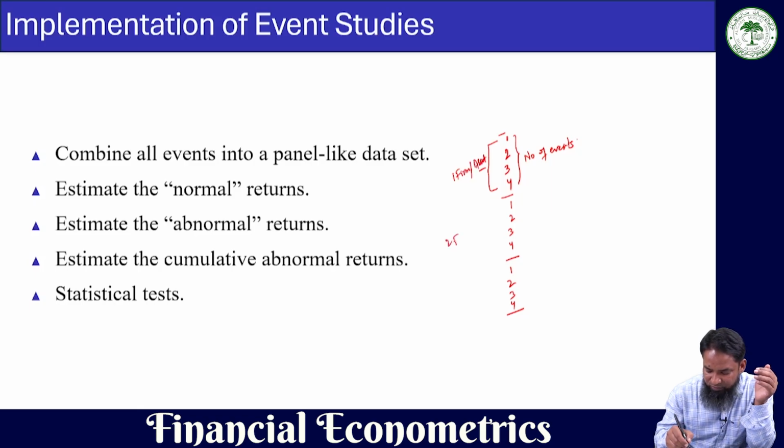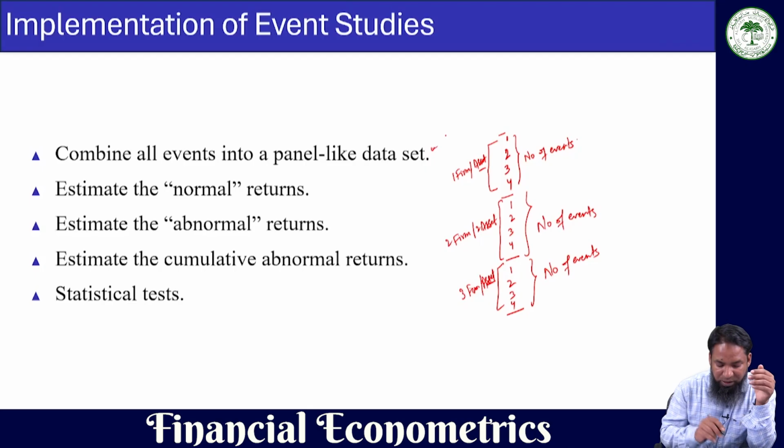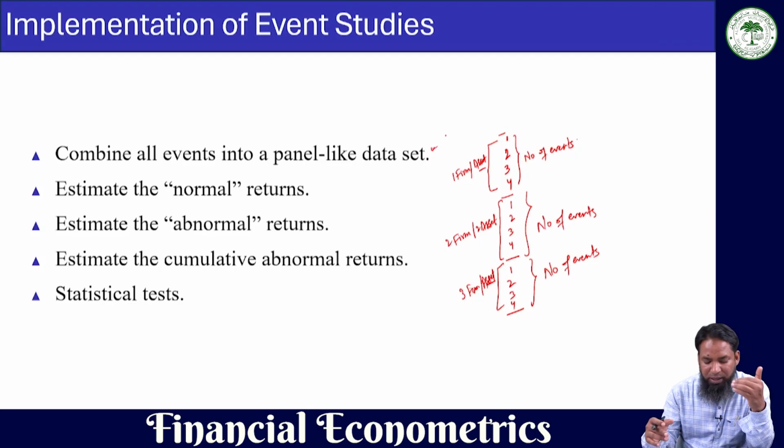This is the second firm or second asset, and this is the number of events we have. And similarly, here this is the number of events, and maybe the third firm or asset we have. So, that is what we say here: combine all events into a panel like data set.